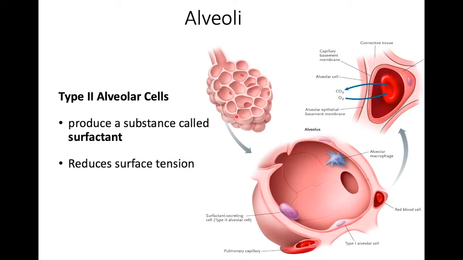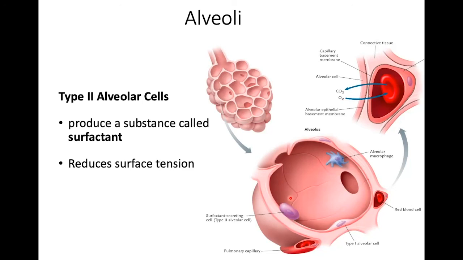You have to remember, this is all very, very thin, simple squamous epithelial tissue. When you breathe out and they start to deflate, what's keeping them from totally sticking together? Well, it's the surfactant secreted by the type 2 alveolar cells that lines all of these inner portions of the alveoli and helps to keep them open and inflated when we inhale and finally when we exhale.